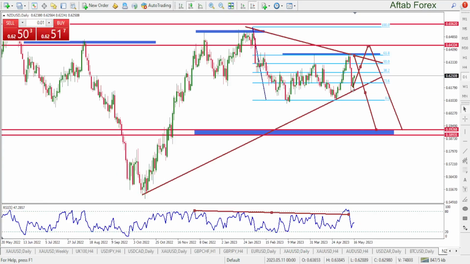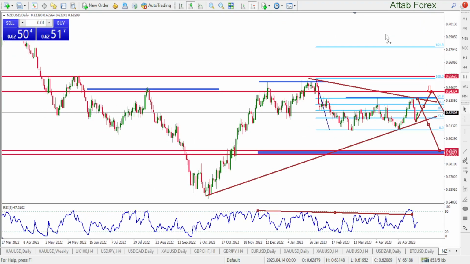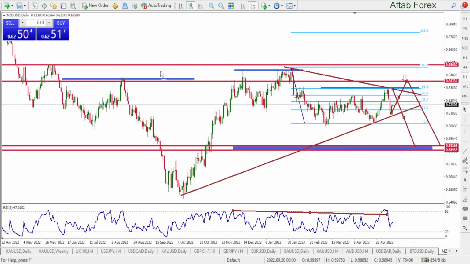So this is the New Zealand US dollar at the moment. And when it gives me a sell zone, let's say, and I'm interested in a sell trade, what I'm going to do next is study and read the chart properly there. If I'm taking a sell trade or a buy trade at a particular price point, obviously there should be something at the back end.